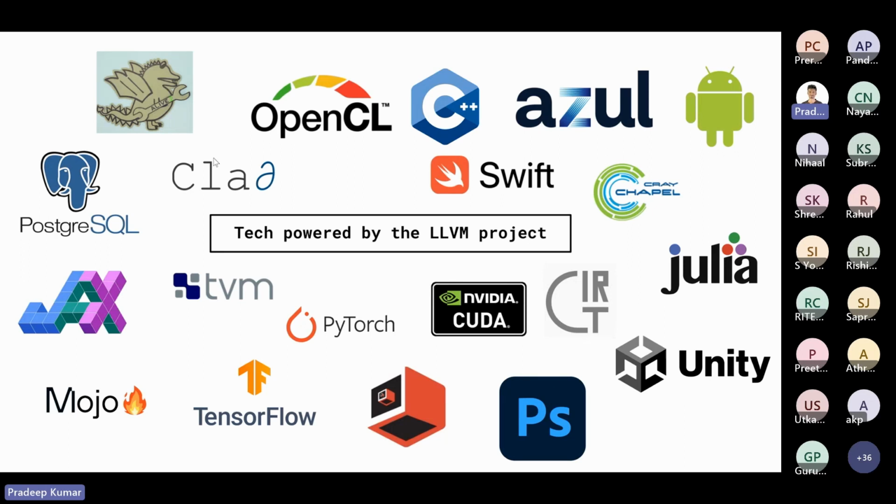NVIDIA has an open IR specification called NVVM, which is based on LLVM IR with extensions, and it's used to represent CUDA-specific optimizations for GPU code generation. Ashutosh and Pranav, do you want to talk about some of the tools here?